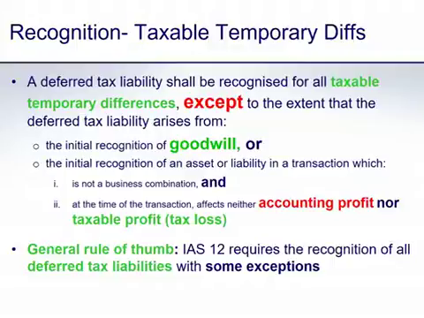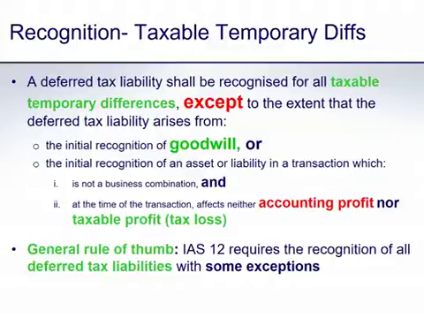On day one, we have a cost of whatever the value of the asset was on day one, its carrying amount, and we have a tax base of nil because there are no future deductions available for the asset. As a result, we have a temporary difference that arises on initial recognition, and provided that is not a business combination, the standard essentially says do not recognize a deferred tax balance in respect of what is essentially a permanent difference.